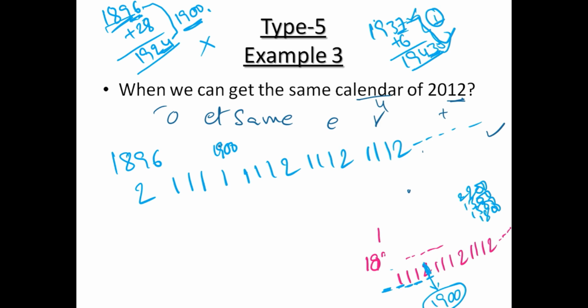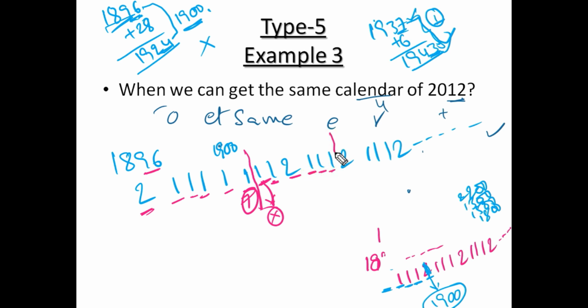So here add digit by digit. 2 plus 1 is 3, 4, 5, 6, 7. So here we got 7, the first multiple of 7, but the next year cannot be the answer because we need a leap year, but it is a non-leap year. So go forward. 7 plus 1 is 8, 9, 11, 12, 13, 14.